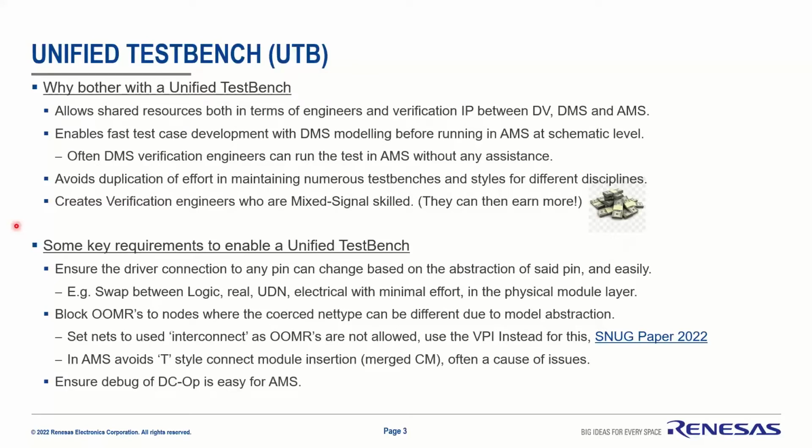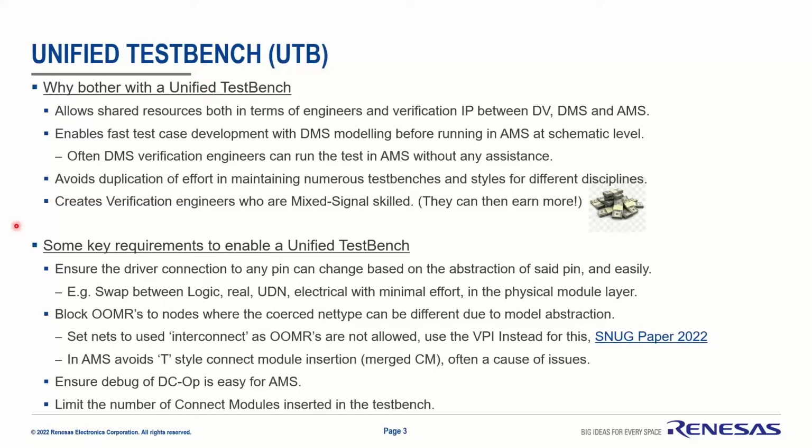The other thing is, if you've got a very complex test bench that's now using UVM, SystemVerilog, and all the fancy verification techniques with classes, it's quite possible to cause the analog solver to fail to get a DC operating point. Therefore, it's really important that you make it easy to debug DC operating points, otherwise your teams are not going to use it.